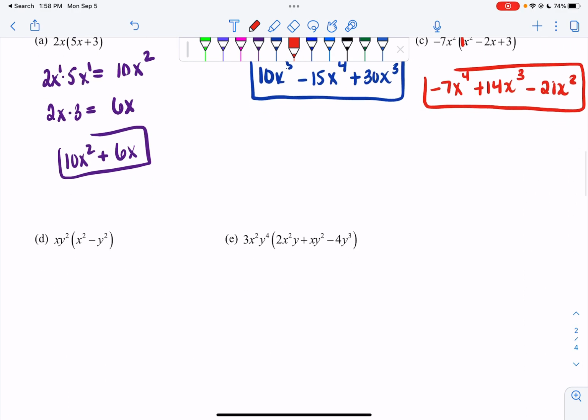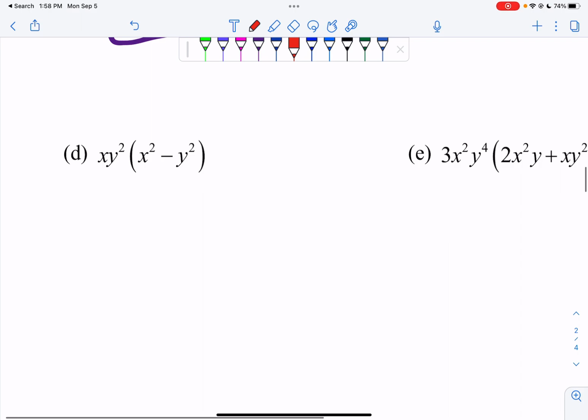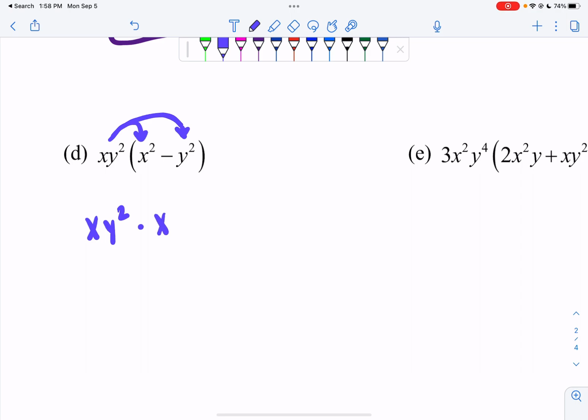Now let's go to the trickier ones, where there's really not many numbers, just variables. So in this one, we have xy squared times x squared minus y squared. Do the distribution. So I'm going to actually show this work out. So xy squared times x squared, this is really x to the first. So x to the first times x squared is really x to the third, and I still have my y squared.